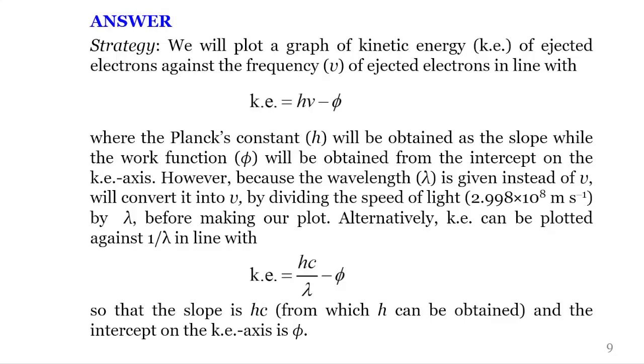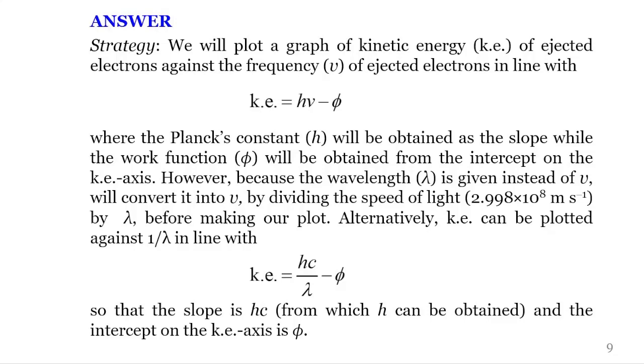The second way or method involves plotting the kinetic energy against the inverse of the wavelength in line with this mathematical formula. In this case, the slope is the product of the Planck's constant and speed of light.